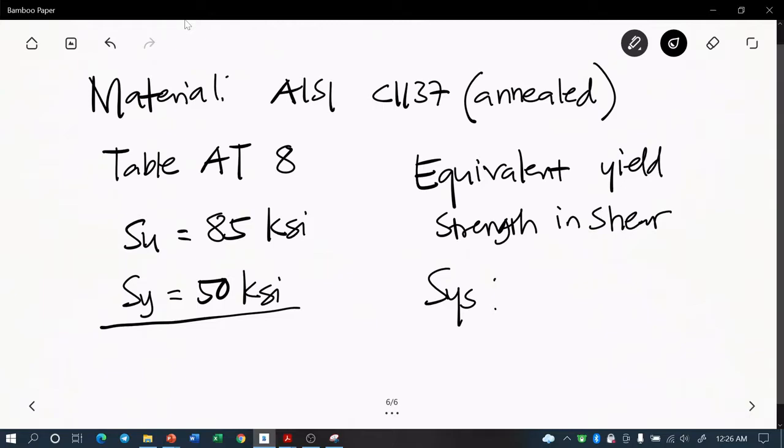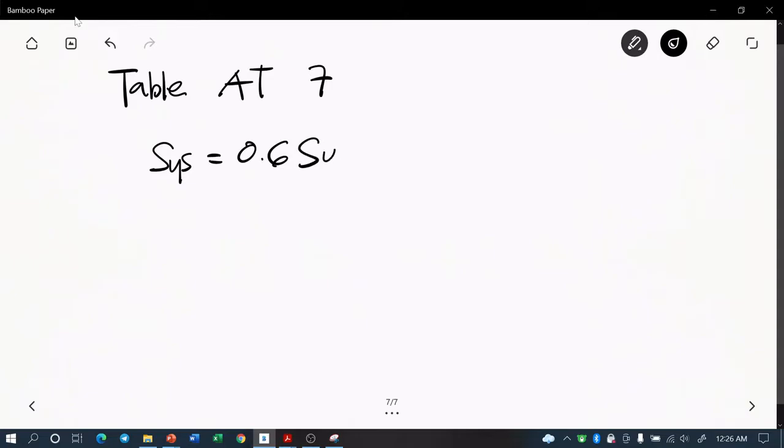So how are we going to determine S sub ys? Look up table 8-7. There is a suggested ratio of the equivalent yield strength to the yield strength of a material. Table 8-7 suggests that S sub ys is equal to 0.6 of the yield strength.